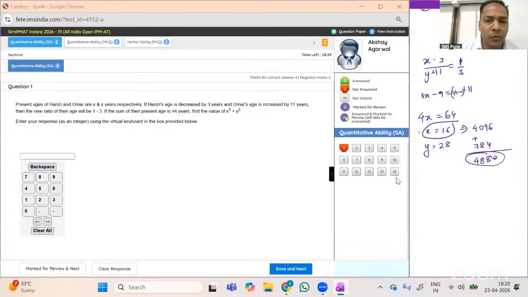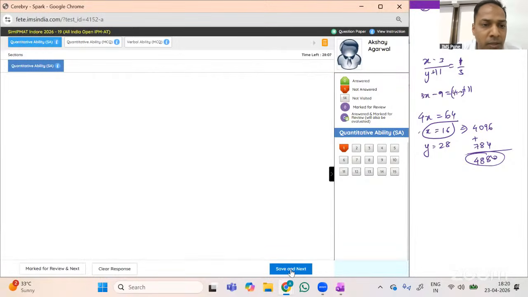Yes, so the answer should be 4880. I'll enter that, 4880. I'll just confirm: 16 cube, 4096. Yes, 28 square is 784. 4096 plus 784, 4880. Yes, that's correct as per my understanding.